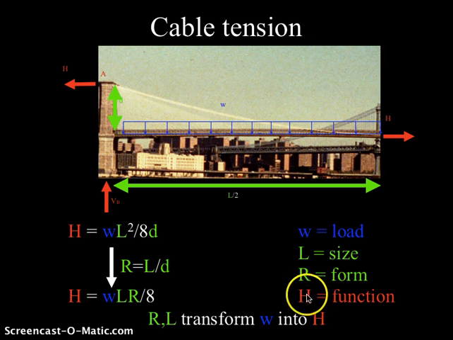H is how the bridge really functions. How does it carry load? What is the cable tension? And W is the imposed load. So what I'm saying in this series of lines is that H, the function of the bridge, is really determined by the load being transformed by the scale or size of the bridge and the form of the bridge.